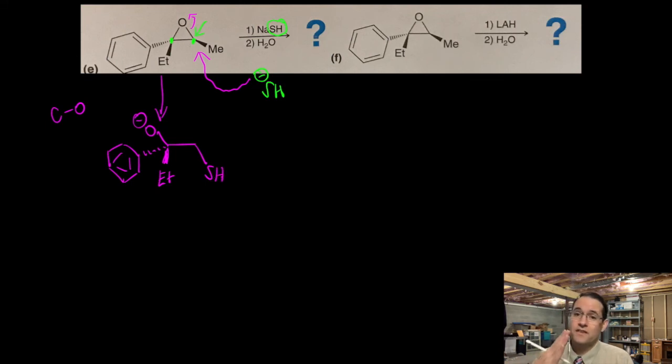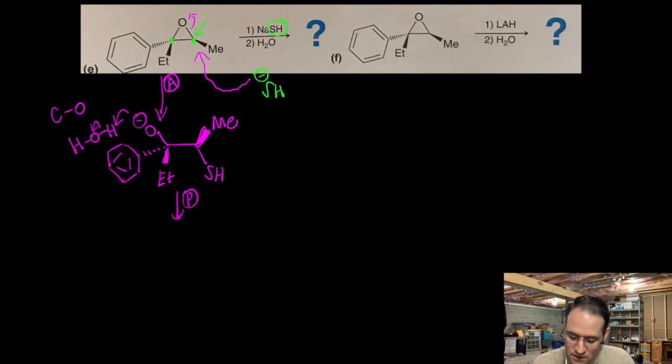We need to draw the S-centered nucleophile on the bottom right, whereas the oxygen was kind of going towards the top left. Whereas this methyl group is still coming out from the computer screen or phone, however you're deciding to watch this. In the last step, as usual, we have protonation that occurs.